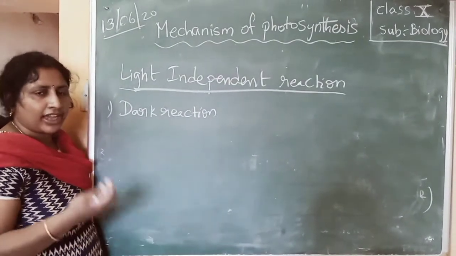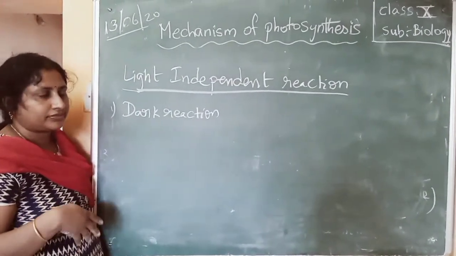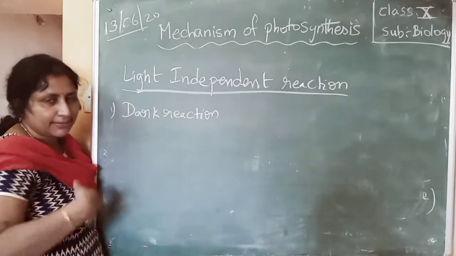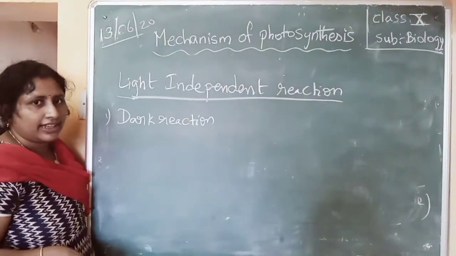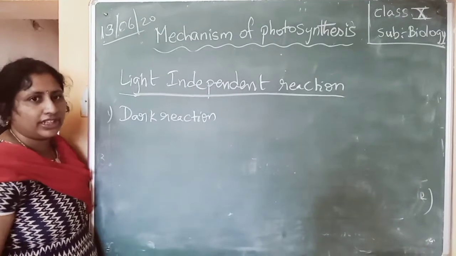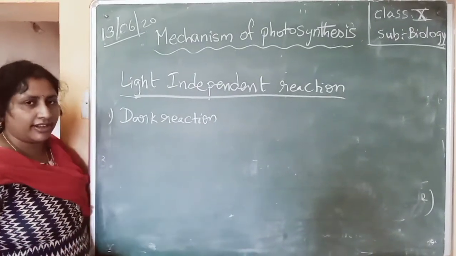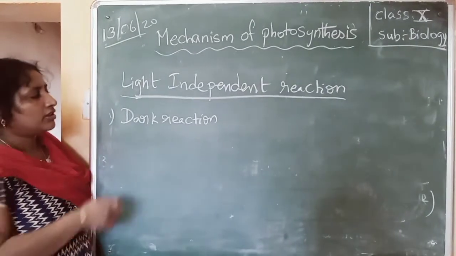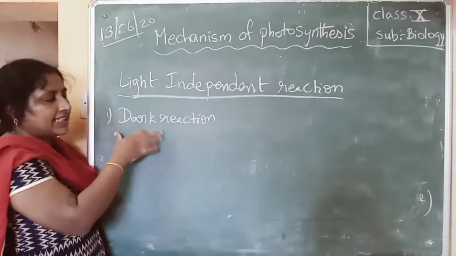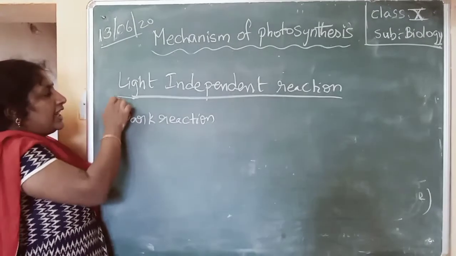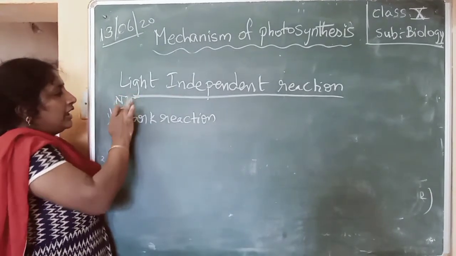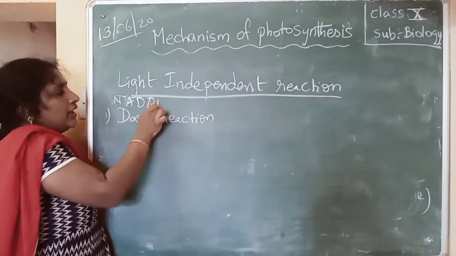For example, if you have taken some chicken biryani, you are already full and another plate is offered to you. You will eat? No, you will not eat because you already had your biryani. Like that, it already has its raw materials, that is NADPH and ATP.